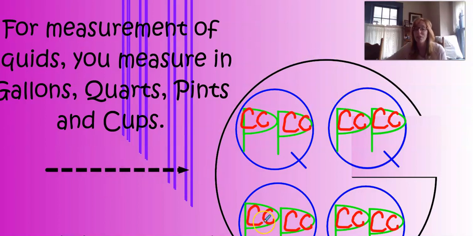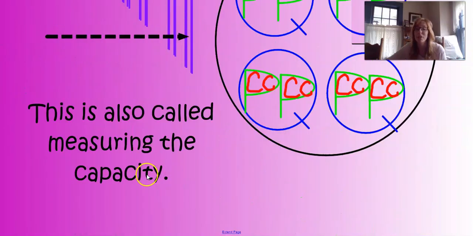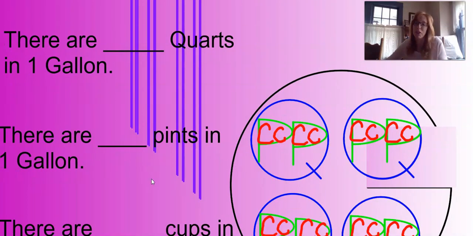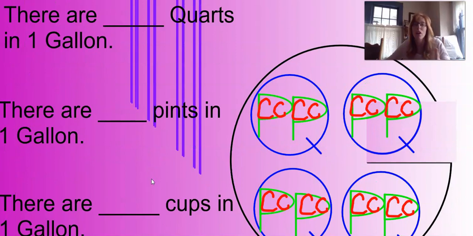So you have gallon, you have 4 quarts, you have 8 pints, and 16 cups inside of a gallon. That is called the measuring of capacity. The capacity to hold something, how much it can fill.